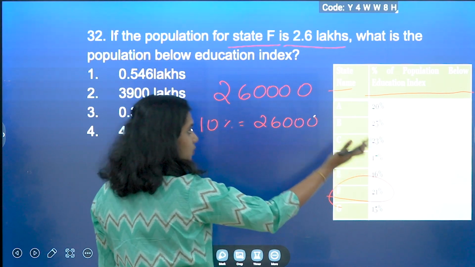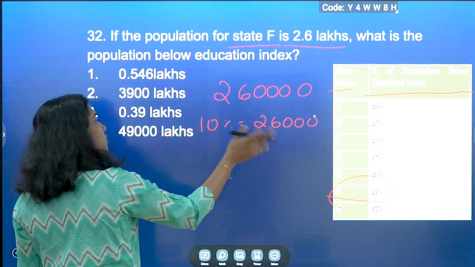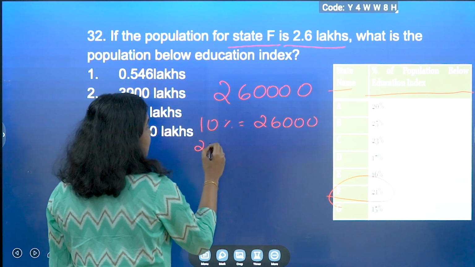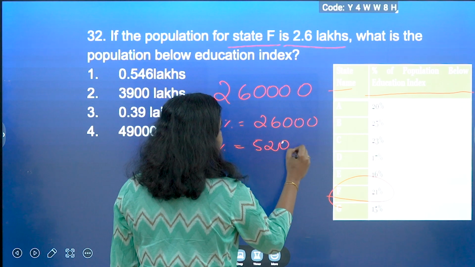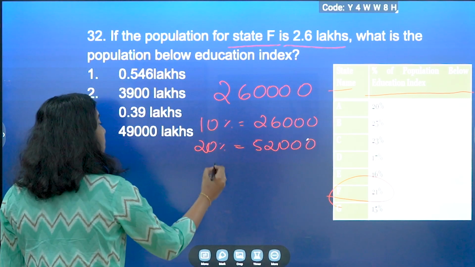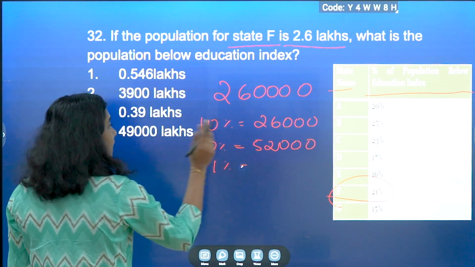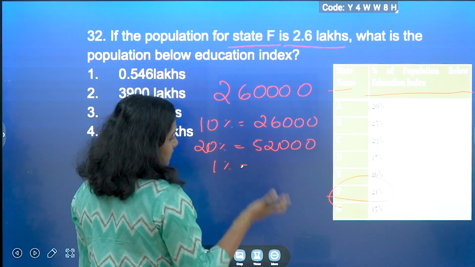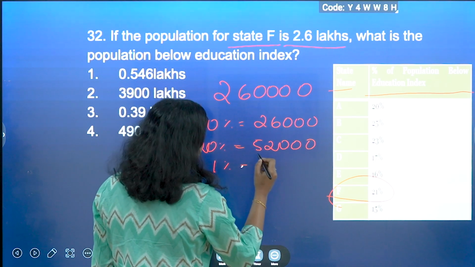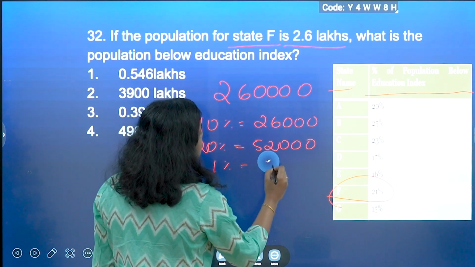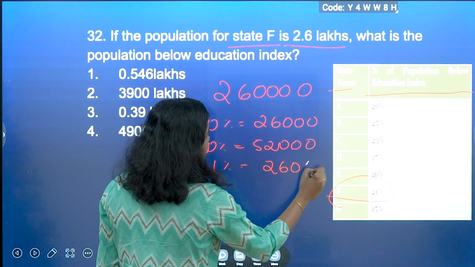From the right hand side, move a place and put a decimal point. So 26,000. So 20% will be 52,000, right? 20% will be 52,000. Now 1% means 100% divided by 100. So from the right hand side, move two places and put a decimal point. So 1% will be 2,600, right?